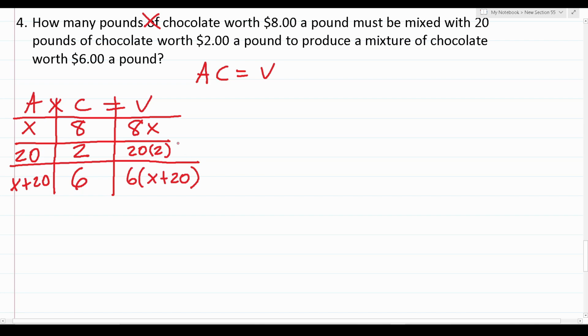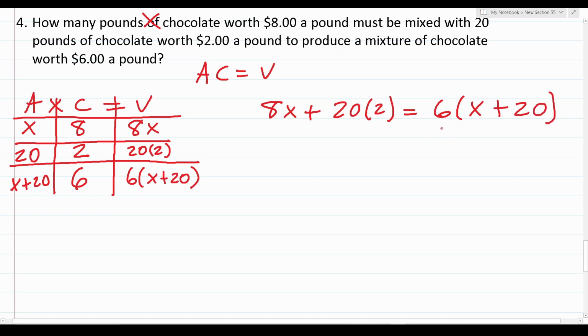All right, again, the value of this chocolate by itself plus the value of this chocolate by itself has to equal the value of those 2 chocolates blended together. So that looks like this: 8x plus 20 times 2 equals 6 times (x plus 20).